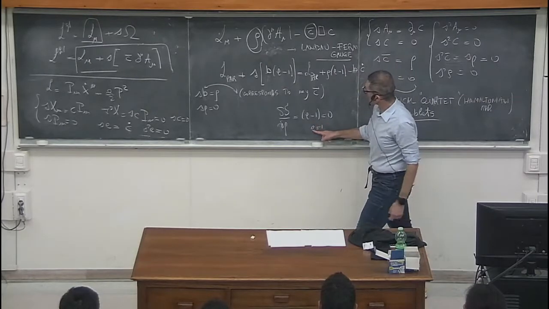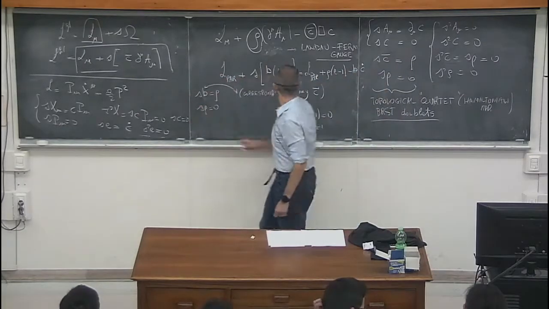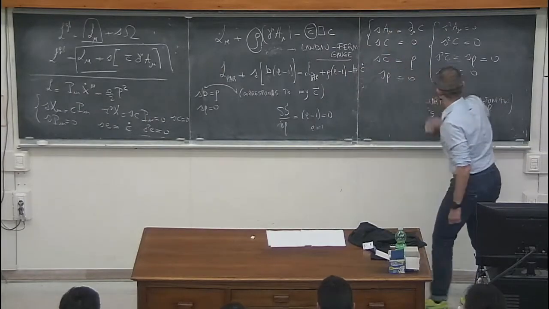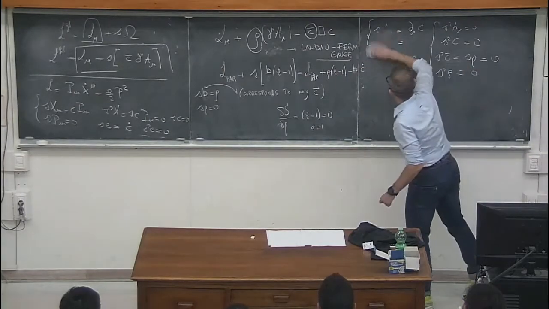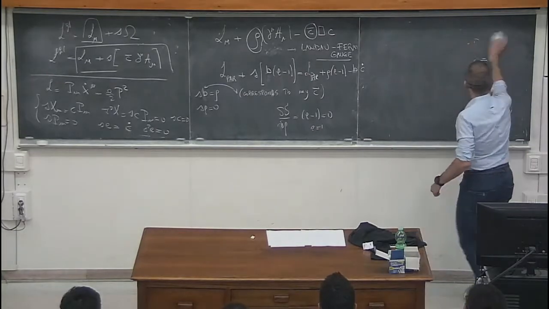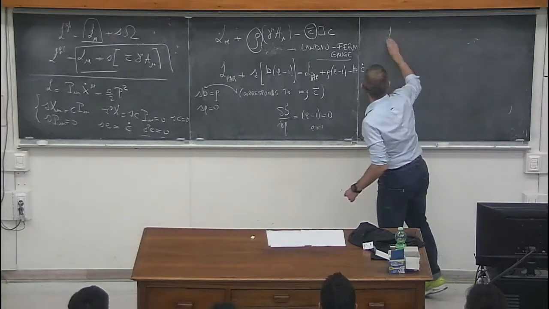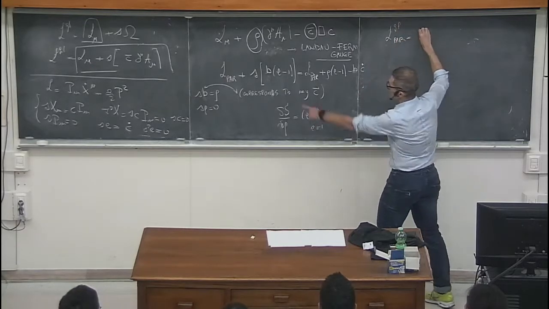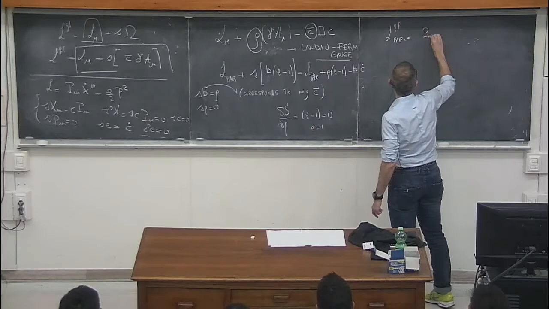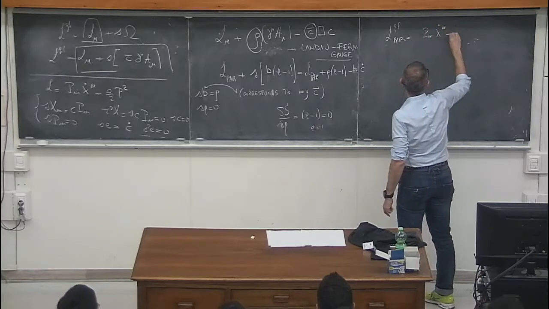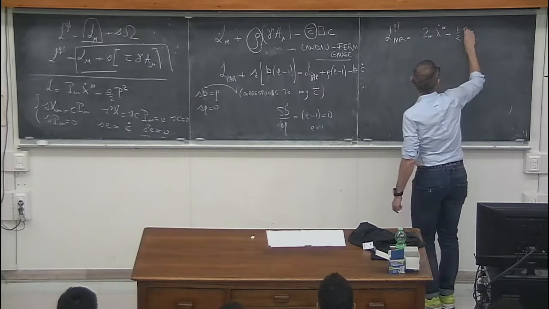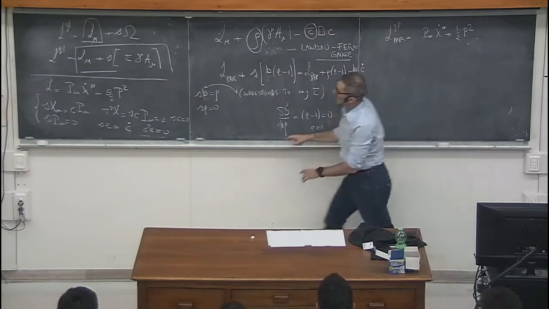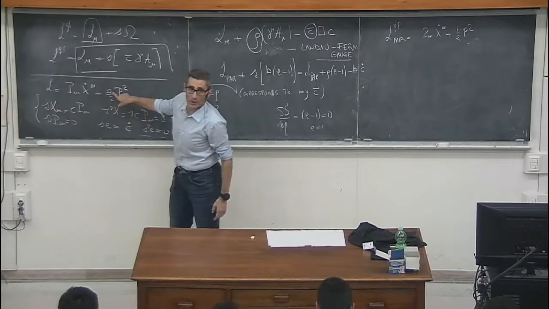Then I can use this e, plug it back in the action, and finally I find out, let me write down here, that the gauge fixed action for the particle is just P_m x dot^m plus 1 over 2 p squared. The rho term is gone because e equal to 1, and e equal to 1 in this action becomes 1 over 2.